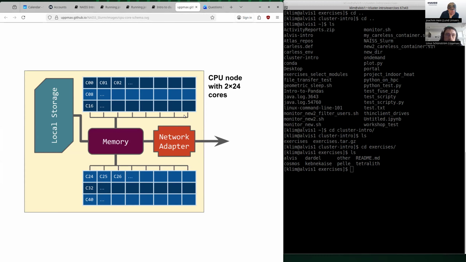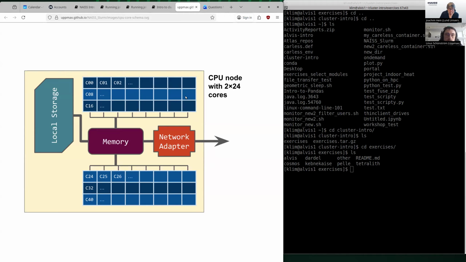We have 2 CPUs. Each CPU has 24 cores, and they are connected to shared memory and to the network adapter, beside connecting to the local storage, which is the fast and temporary storage. And this is only an example of the number of cores here.